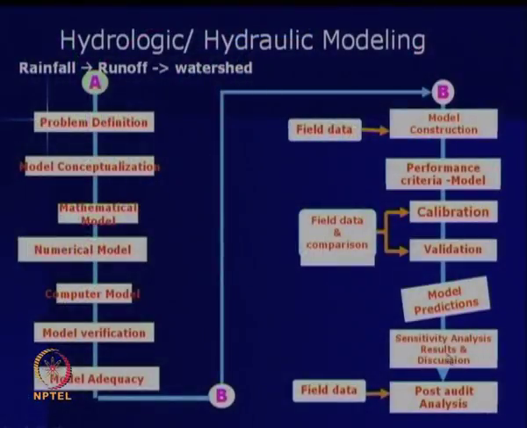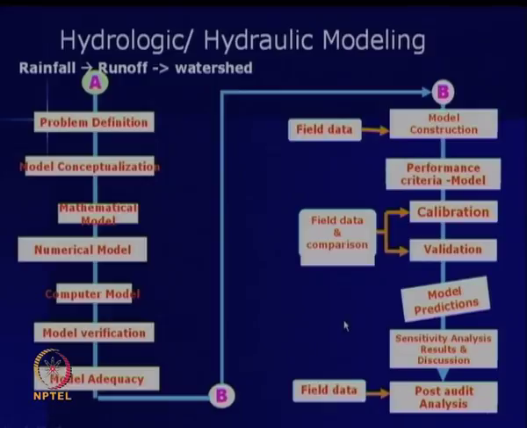Then the next step is we can do various analyses like sensitivity analysis. By varying the various parameters, we can identify how the model will behave with respect to those parameter extremes, and modeling parameters like time step and grid size can also be varied and checked. Finally, with respect to the scenarios we have generated and the results we got, we also have to do a post audit analysis.